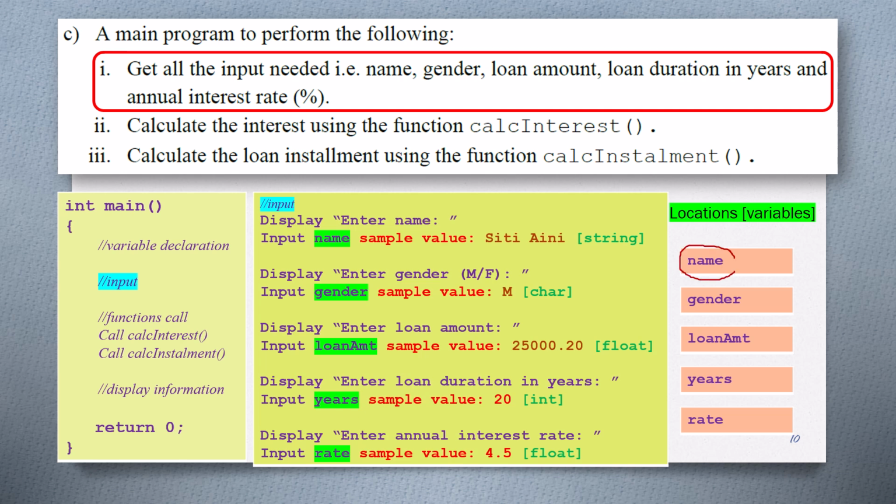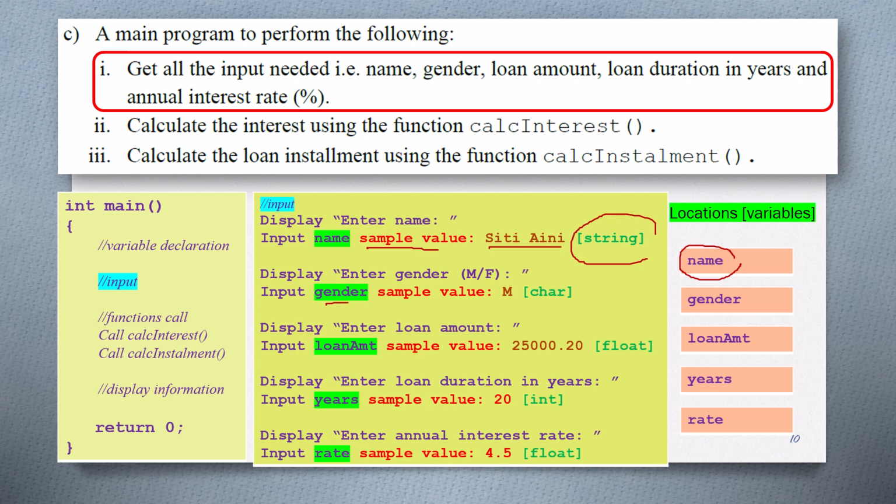For the location called name, you need to identify whether it is character, character array, or of type string. For the name, the sample value, for example, I just write CTIN, so I know that this is of type string. So here data type is string.